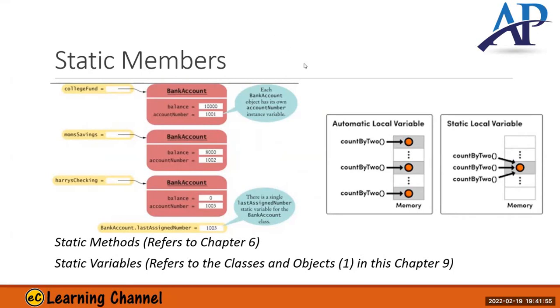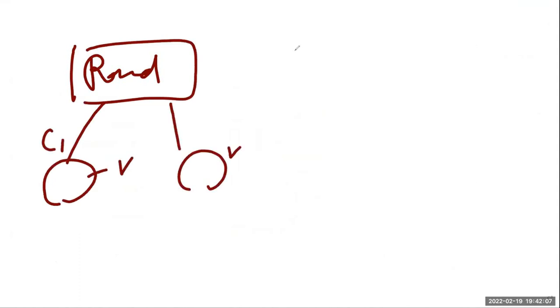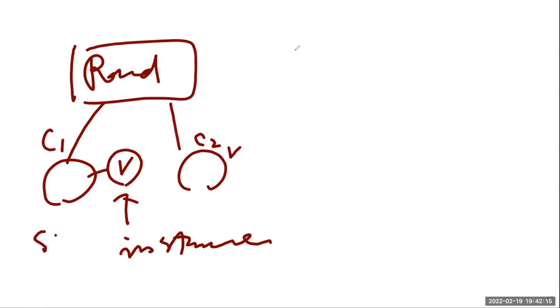Just like our circle class, we have a radius. Circle 1 has its own radius, and circle 2 has its own radius. So this radius we call an instance variable. Don't put static before an instance variable.